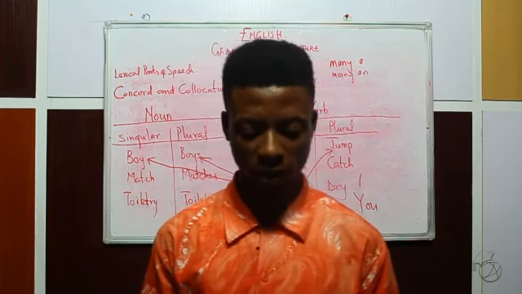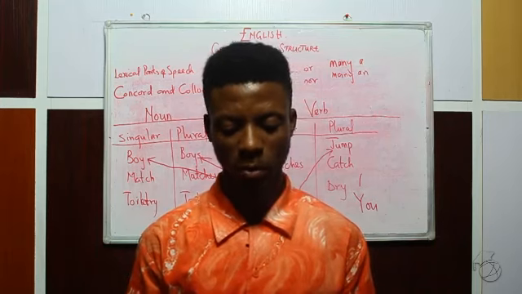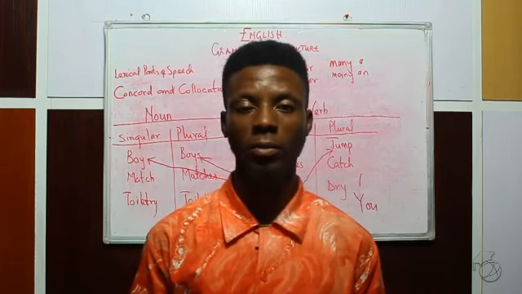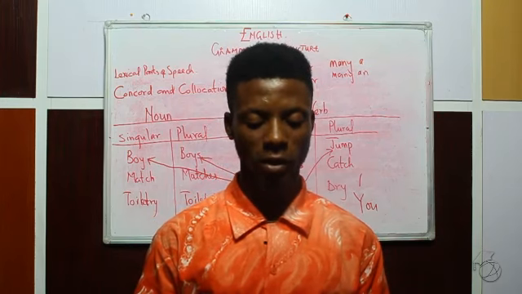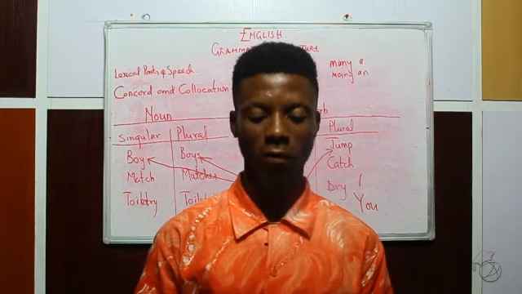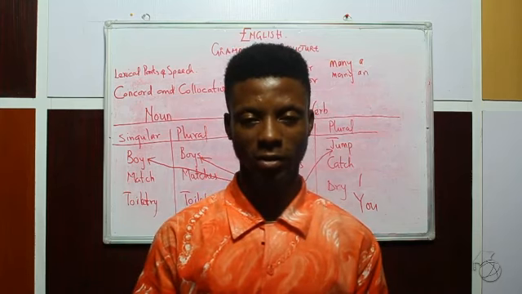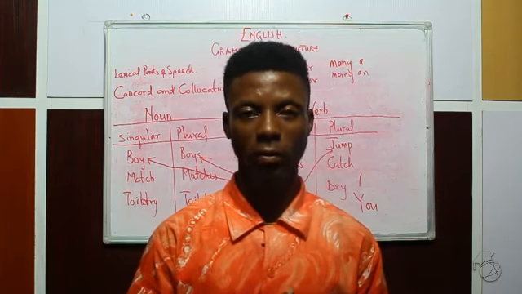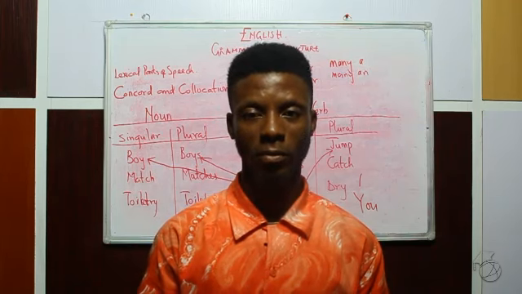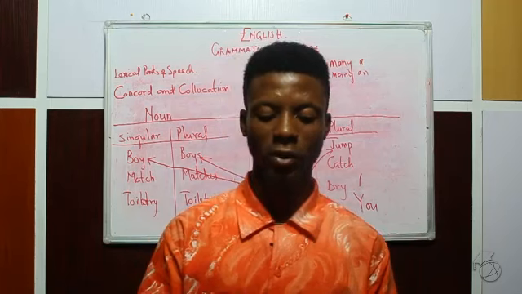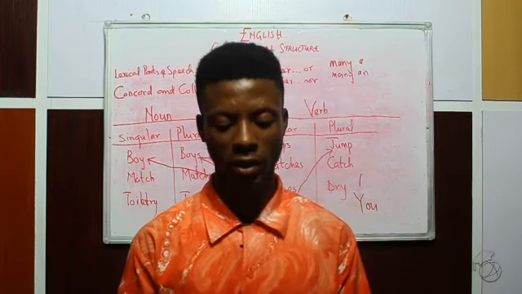A troop of dancers is needed for the ceremony. A troop is a collective, of dancers, plural noun, is needed, singular verb. Remember, we said anytime any of the collectives is used as the subject of the sentence.